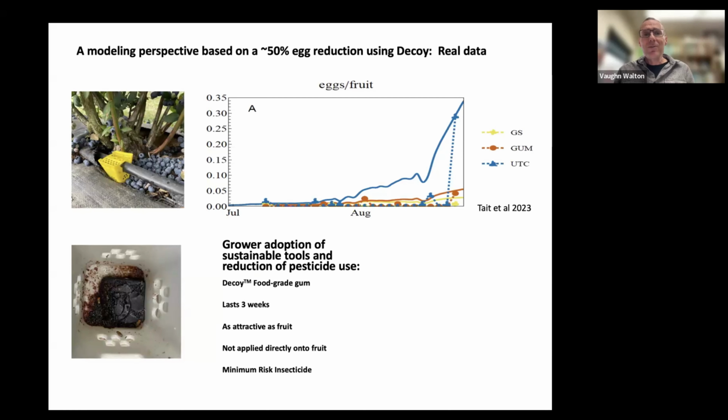But what I want you to look at here is the y-axis. So the y-axis in this graph gives you an indication of the pressure or the damage on the berries. So if we look at 0.01 here, we're finding approximately one egg every 10th berry towards the latter portion of August when we're looking at the untreated control.